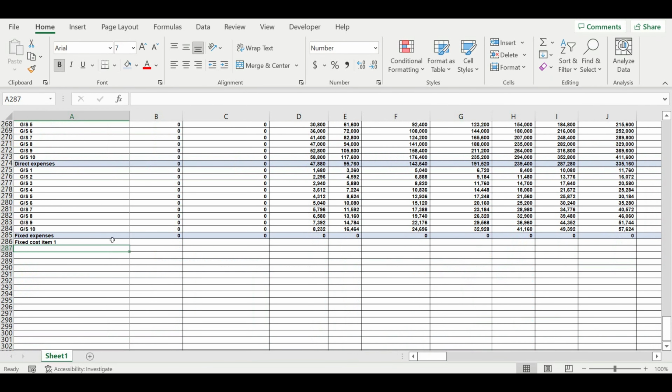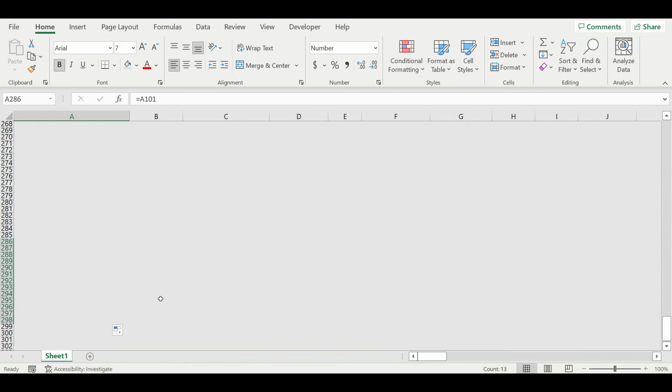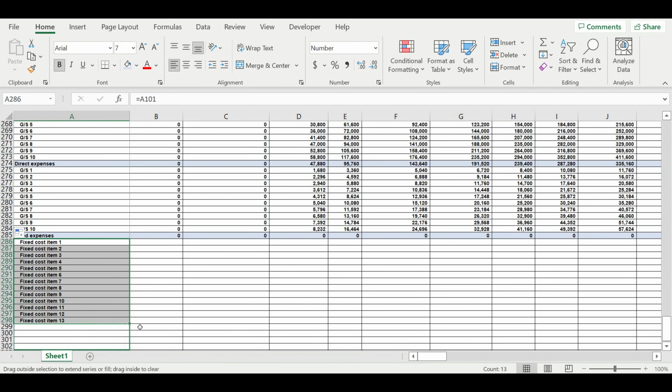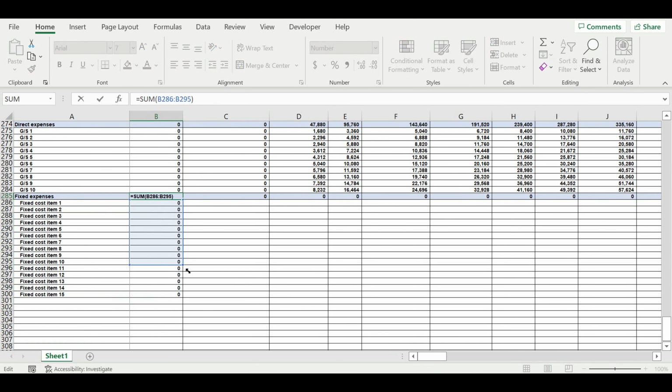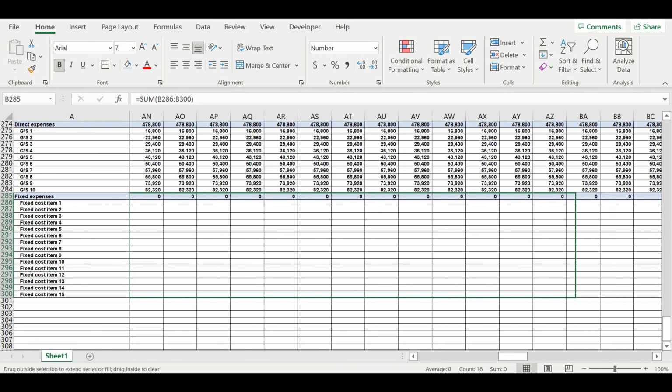Linking them to the cash flow, creating totals. Then we are extrapolating this story to the right, to the whole timeline.